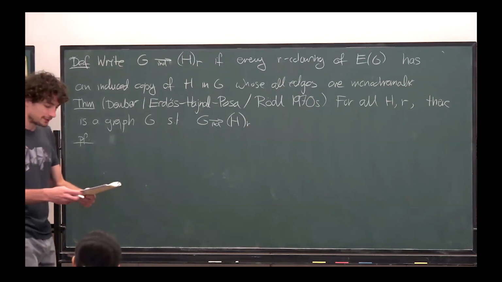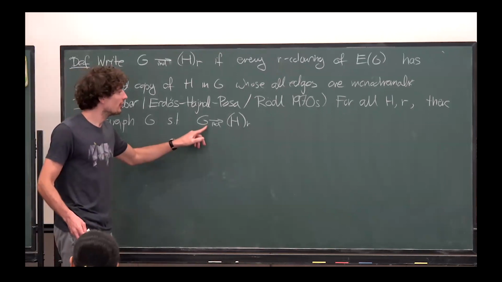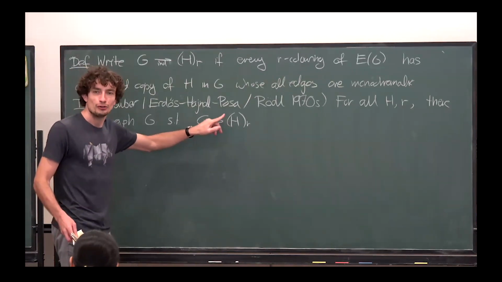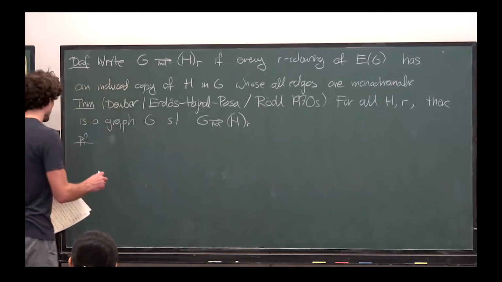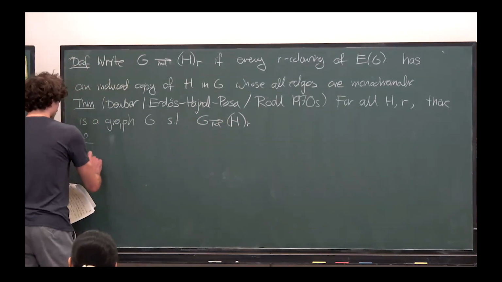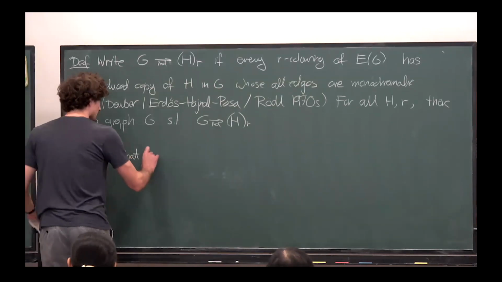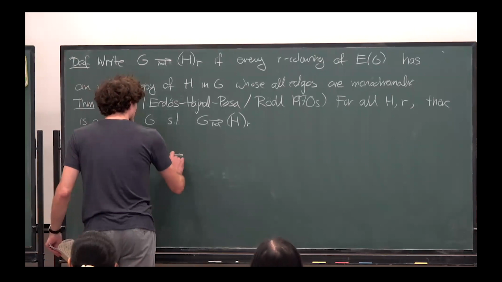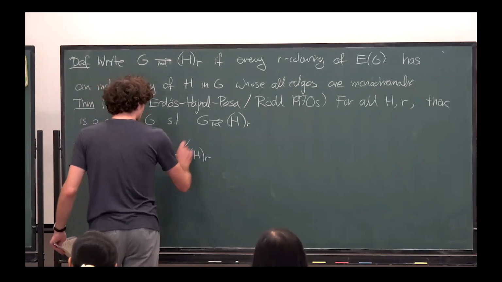So to do this, let's analyze what it means for G to not have the property. So suppose that G does not have this property.